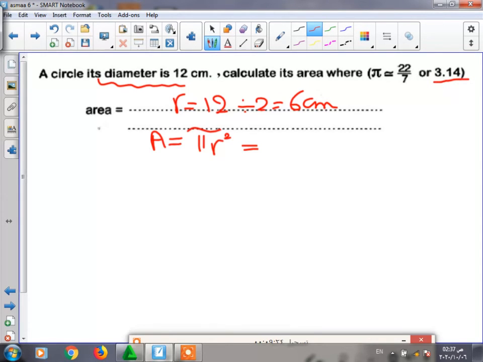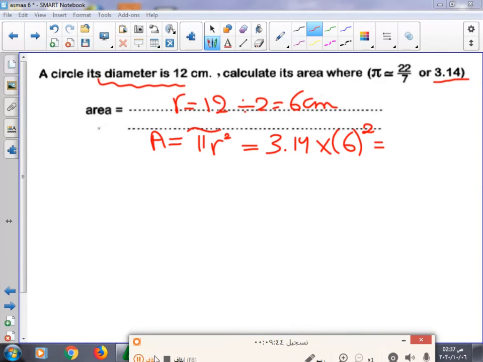We choose 22/7 if the length of the radius is 7 or a multiple of 7. But here the radius is 6, so we choose 3.14. So 3.14 times 6 all to the power 2, and the value will be 113.04 squared centimeters.